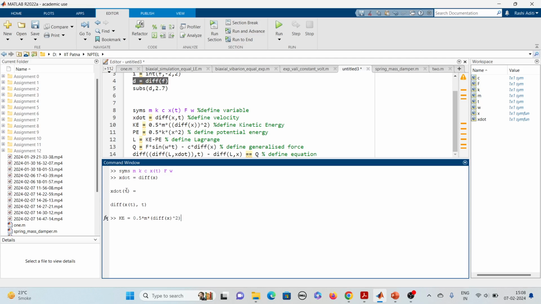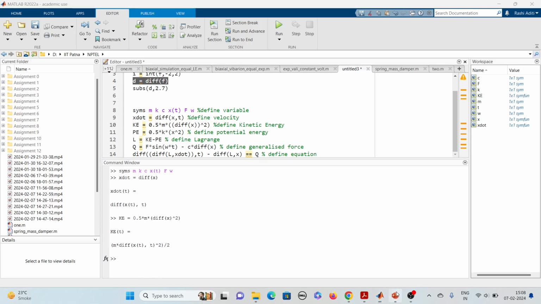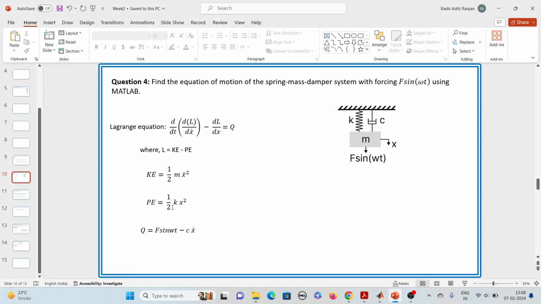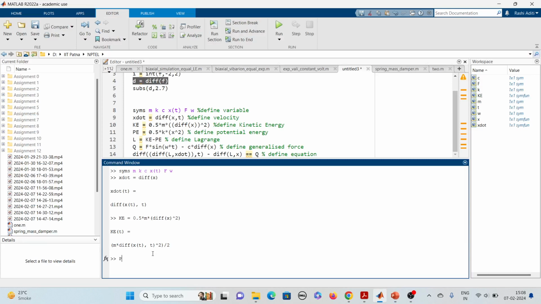I can use x dot, I can use diff of x, I can use diff of x comma t, whatever I want. It is going to give me the same thing, half m v square. Similarly, the potential energy is defined as half into k into x square. So I'm going to define the potential energy as what?